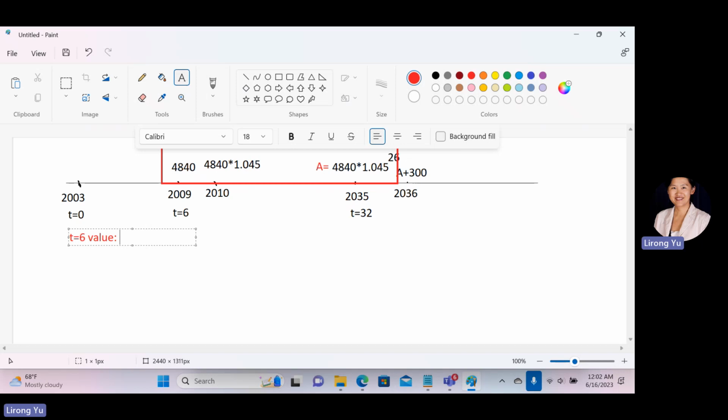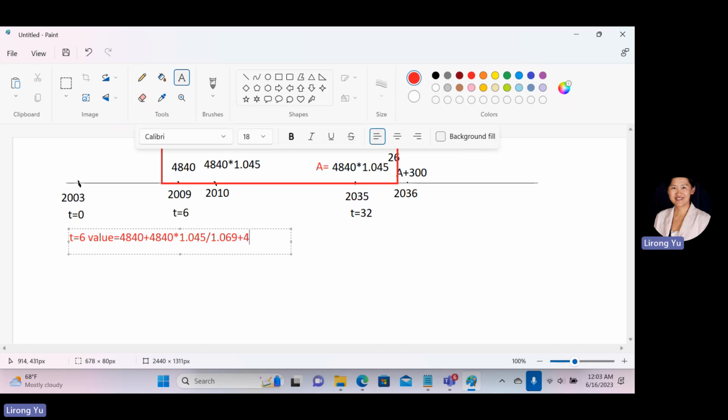At t equal to 6, or at 2009, the first payment is 4,840. And then after that, we have 4,840 times 1.045, because that's an increasing payment. But this increasing payment has to be discounted by the time value, that's 1.069. That was the interest rate quoted in the question, and it follows the same thing.